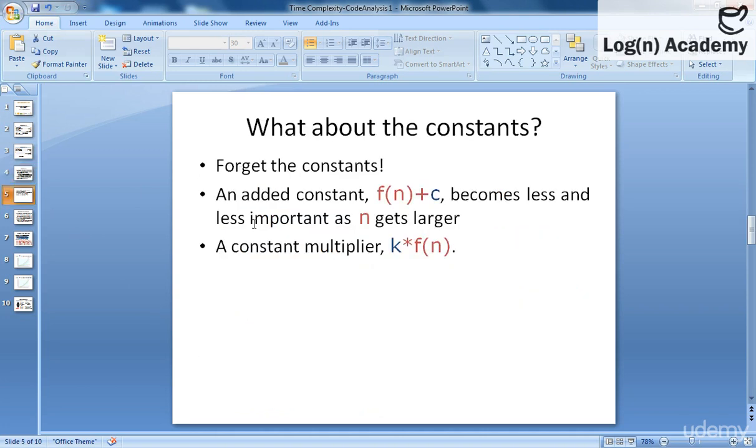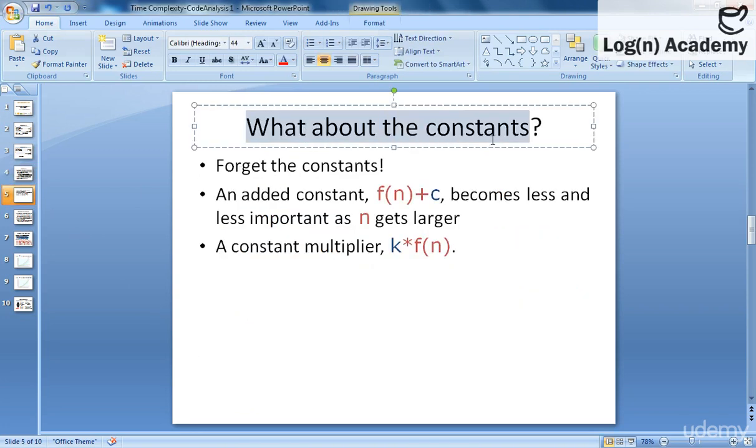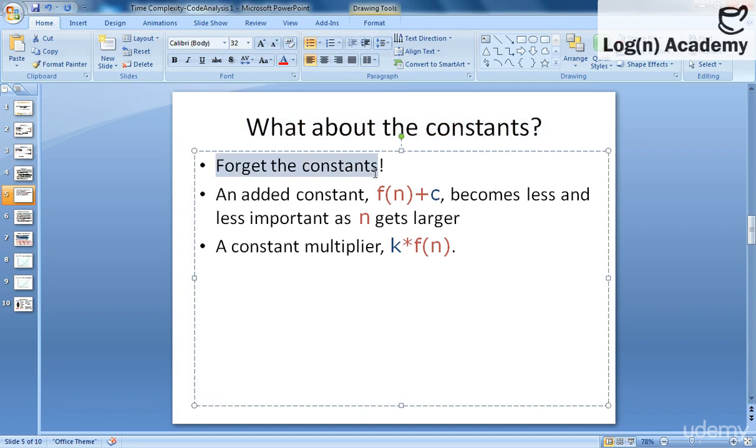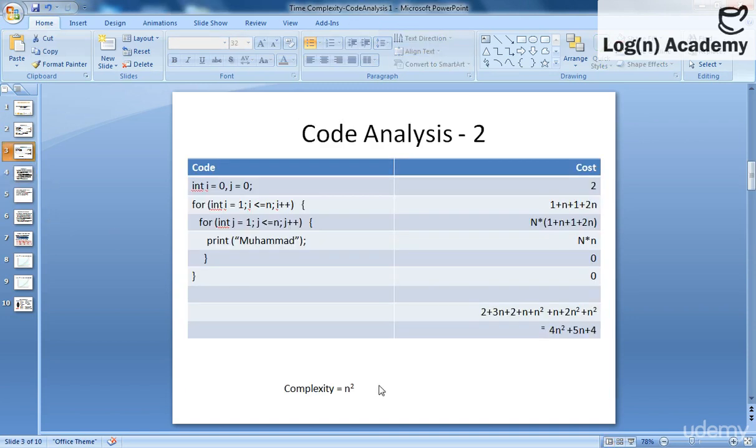So what about constants? Forget the constants. Like C, if there is any constant value C, we will forget that. It becomes less important as n gets larger, and I'll show you that. A constant multiplier like this one, this statement is the same as this statement 5n, right?